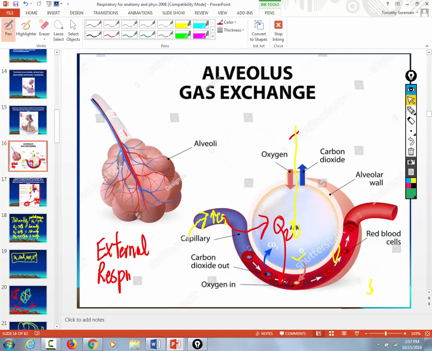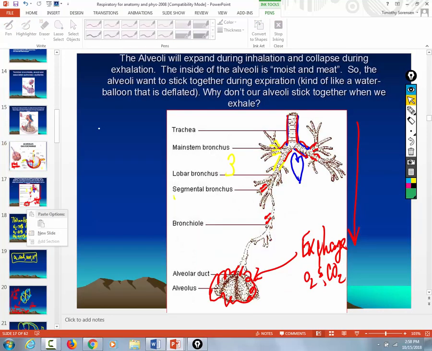External respiration is the exchange of oxygen and carbon dioxide at the level of the alveoli and the pulmonary capillary. That's external respiration. Now, if you recall, once that blood is oxygenated, it will travel out of the lungs and back to the left side of the heart. And then the left side of the heart is going to send that blood down to the cells.